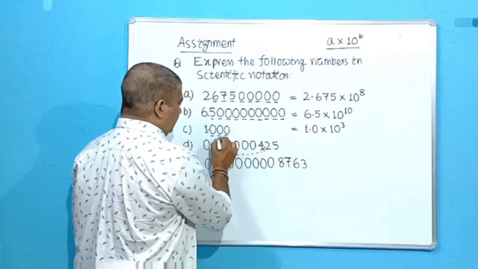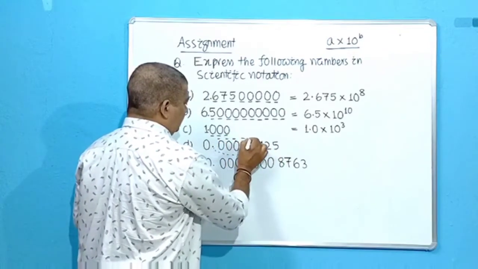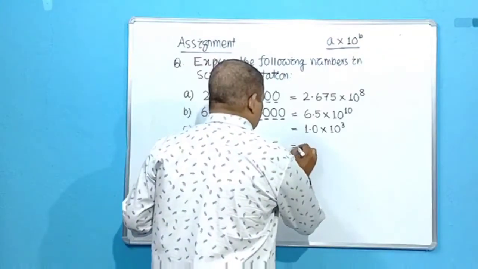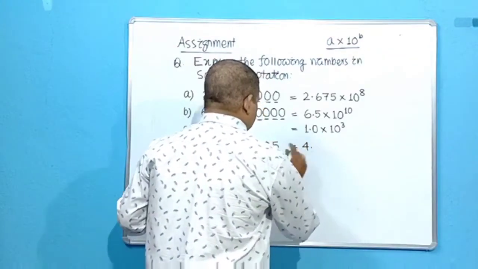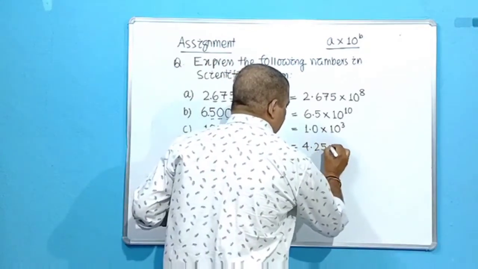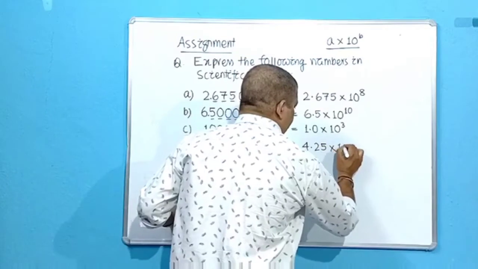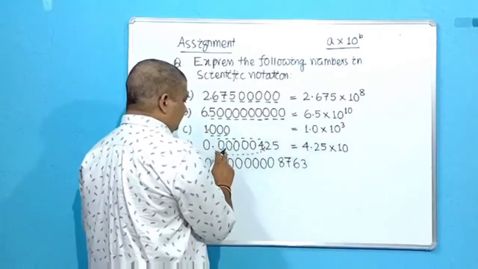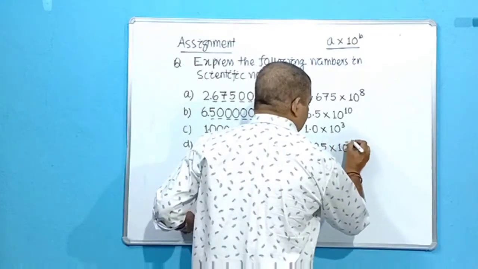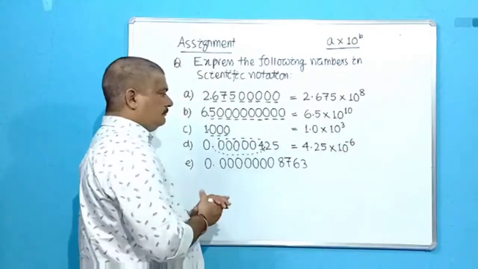How many places are we moving? 1, 2, 3, 4, 5, 6. So the value will be 4.25 into 10 to the power minus 6.